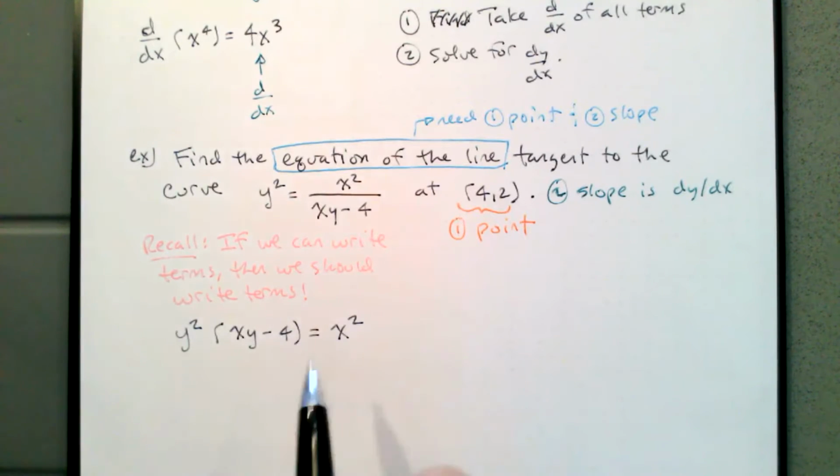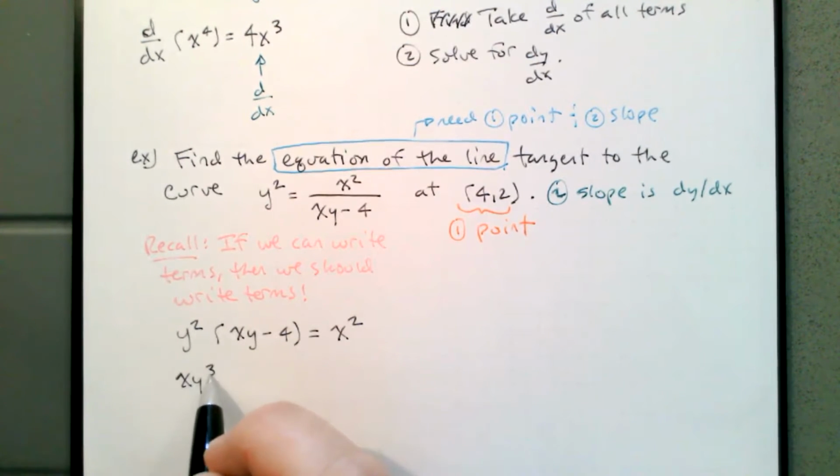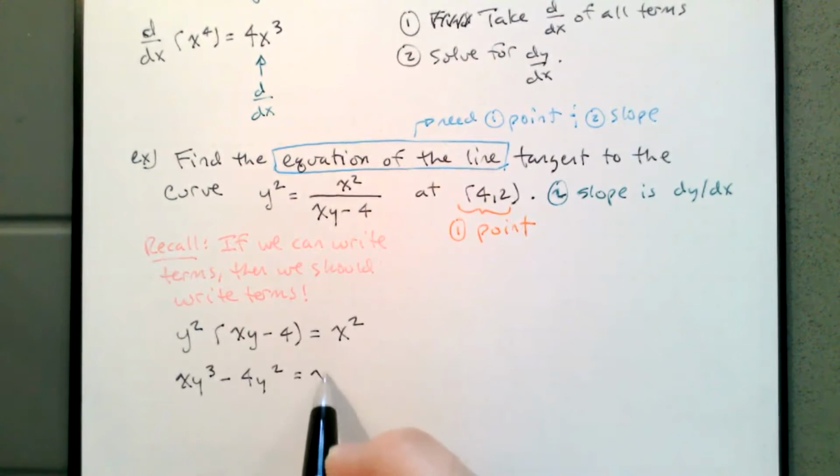Now I'm just going to multiply the y squared and write this as xy to the third minus 4y squared is equal to x squared.